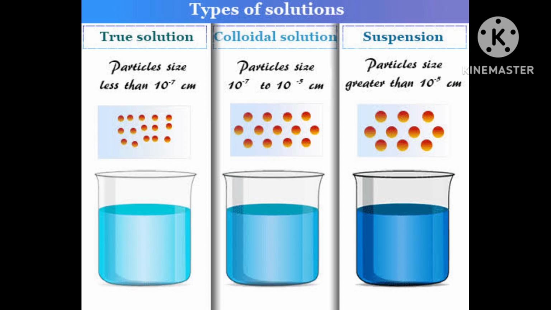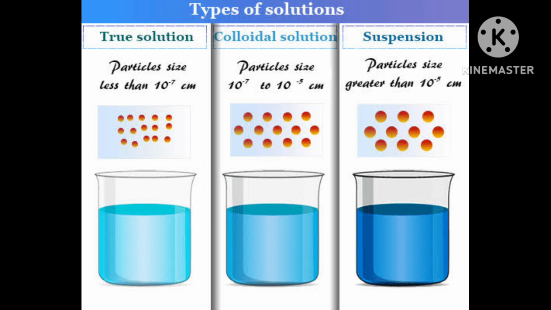Actually here the size is bigger than ions because it is a collection, an aggregate of many atoms, ions or molecules.